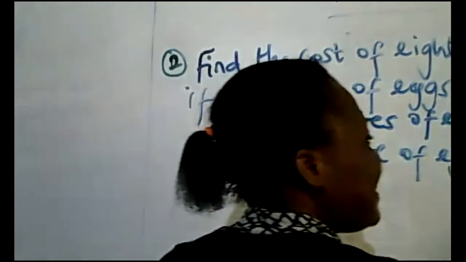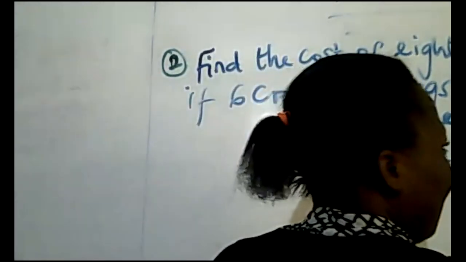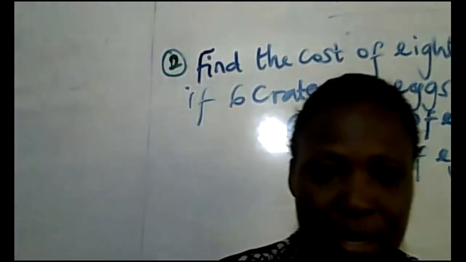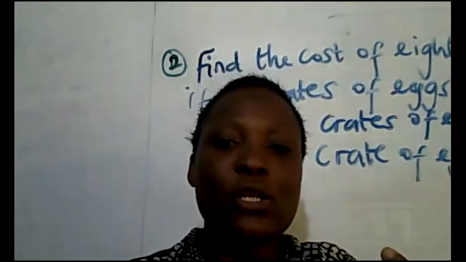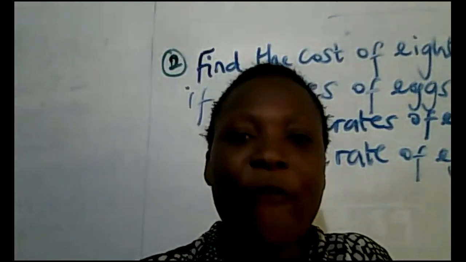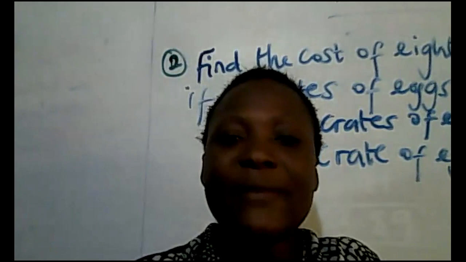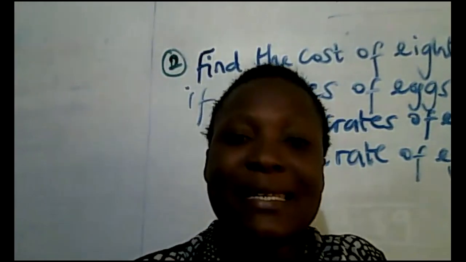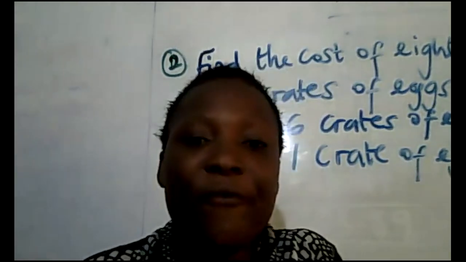How many times will I see 6 in 42? 6 times 1, 6, 6 times 2, 12, 6 times 3, 18, 6 times 4, 24, 6 times 5, 30, 6 times 6, 36, 6 times 7, 42.